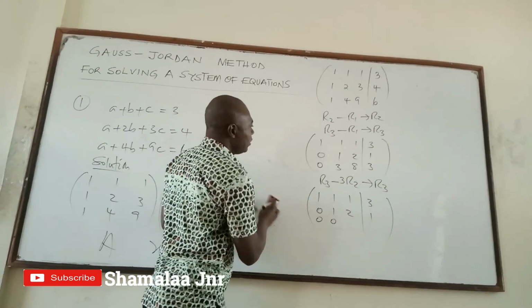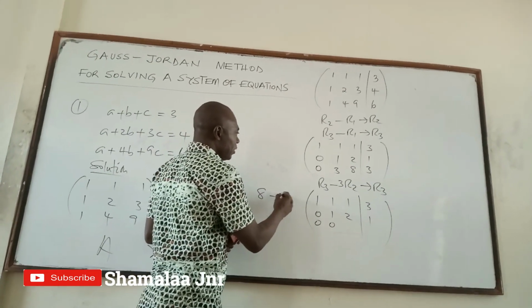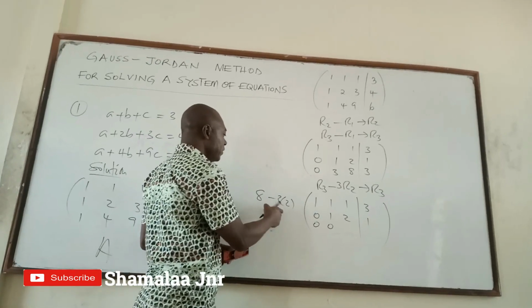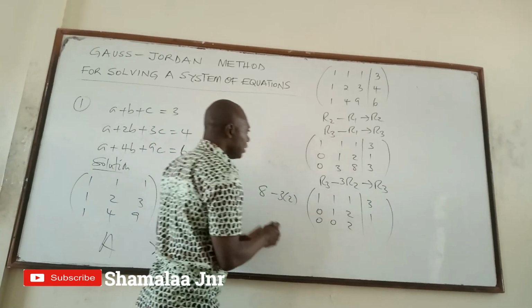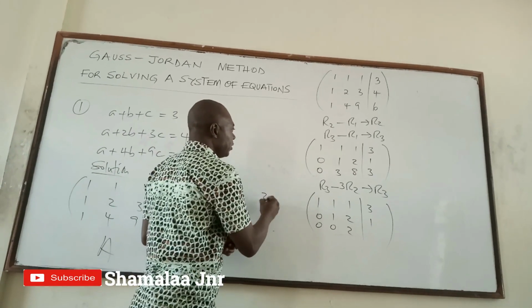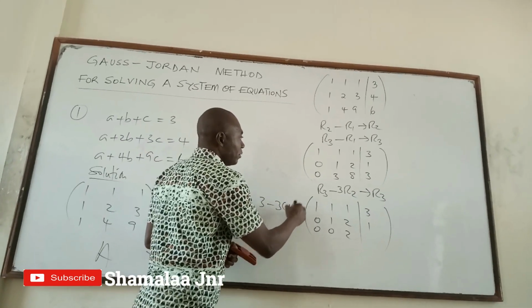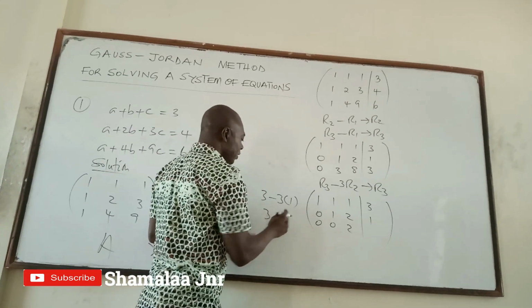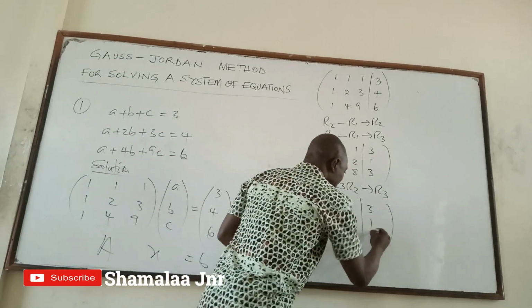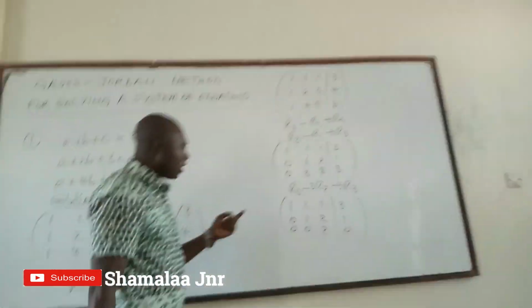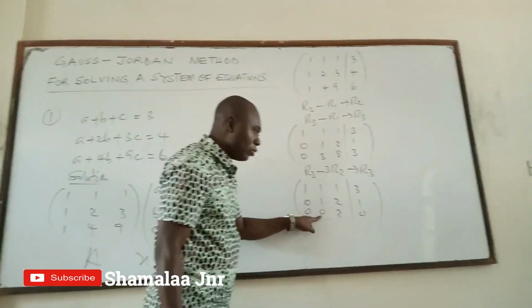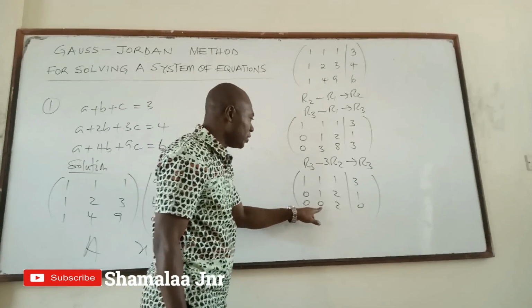Then the next one, 8 minus 3 times 2, 8 minus 6, that is 2. Then the last one, 3 minus 3 times 1, which is 0. So you have it this way.